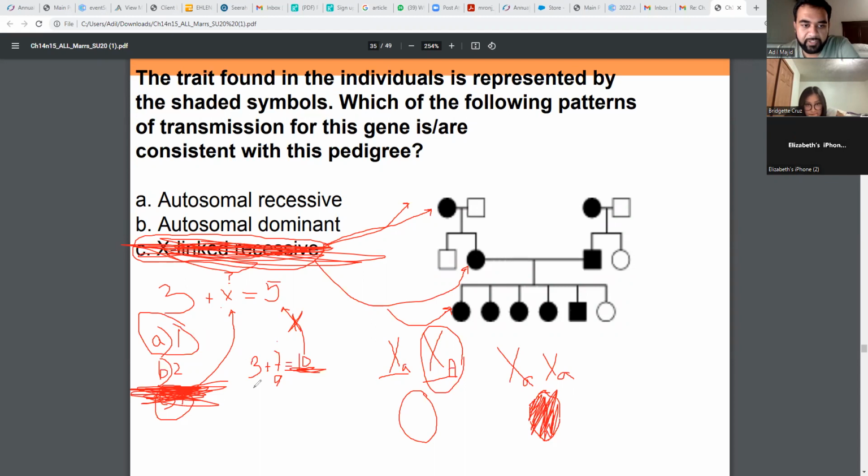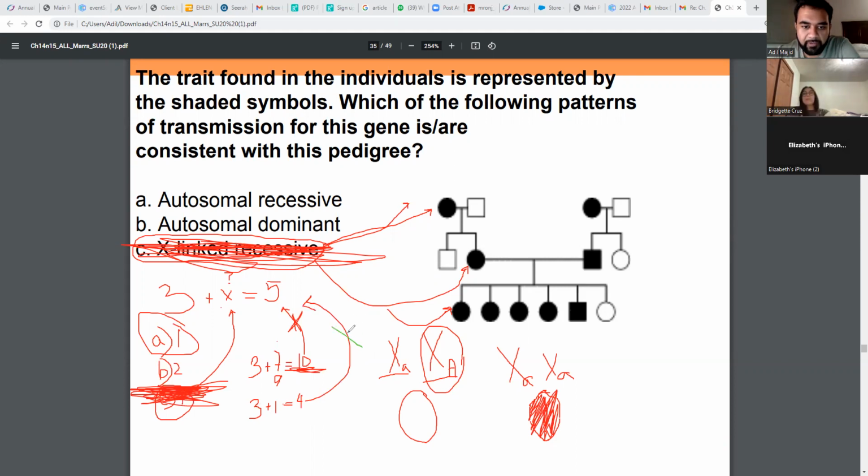Let's pretend x is equal to 1. Okay? So we're gonna do 3 plus 1, and then we run the rest of the equation. 3 plus 1 is equal to 4. 4 is not 5, right? Right.